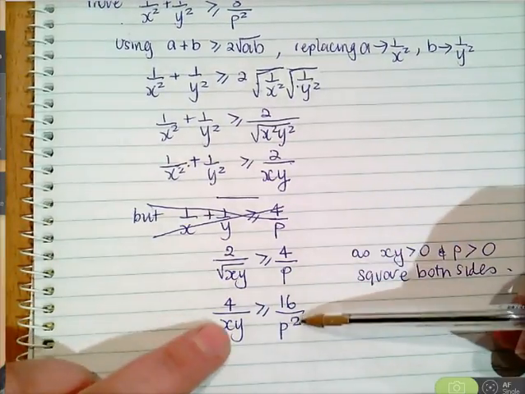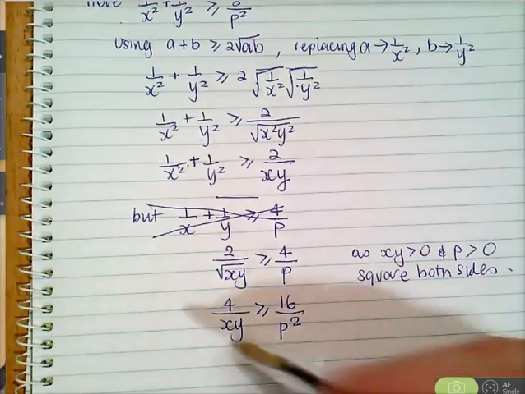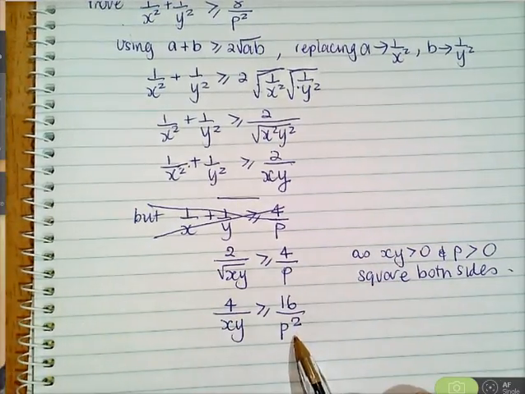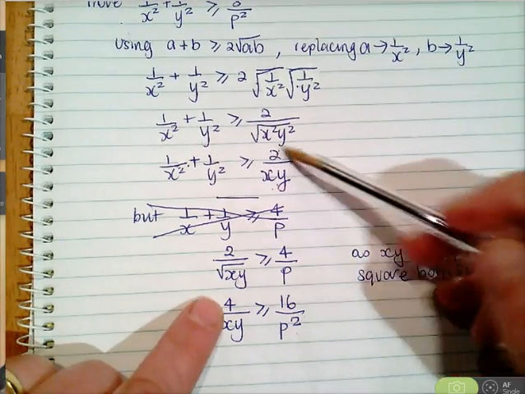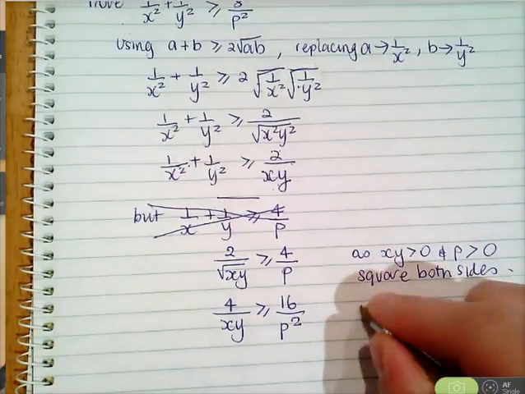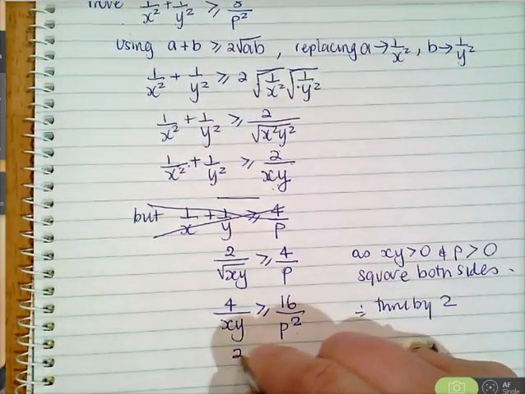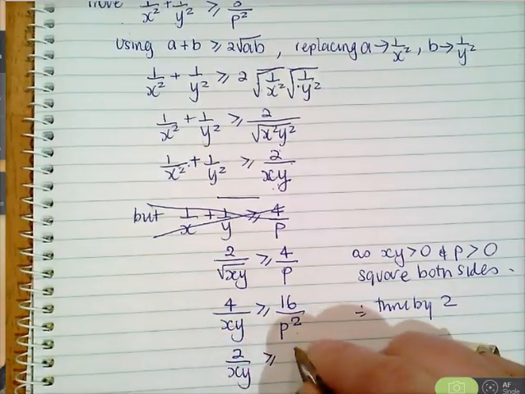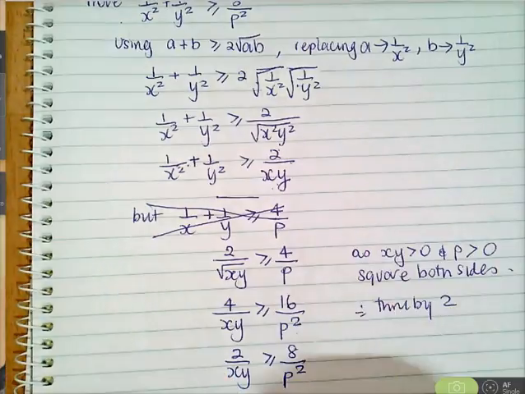Okay, now we can compare this. What we can actually do there is divide by 2, because we're trying to get 2 over xy. We're trying to form another link here with this 2 over xy. So if I divide through by 2, I will get that 2 over xy is greater than or equal to 8 over p squared.